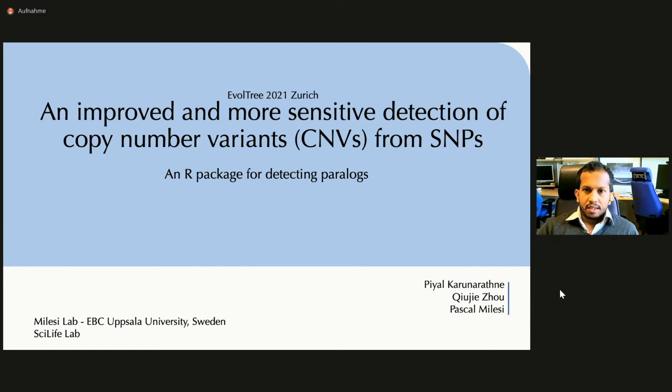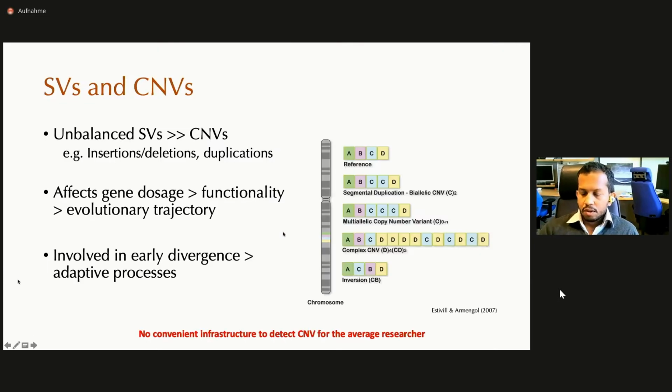So why is it important to detect copy number variants? Copy number variants are a type of structural variant. When the allele numbers are unbalanced in structural variants, we classify them as copy number variants, which could be insertions, deletions, or duplications.